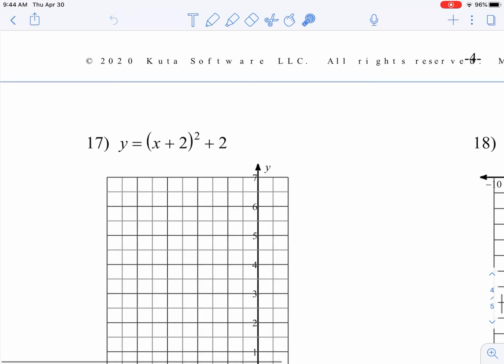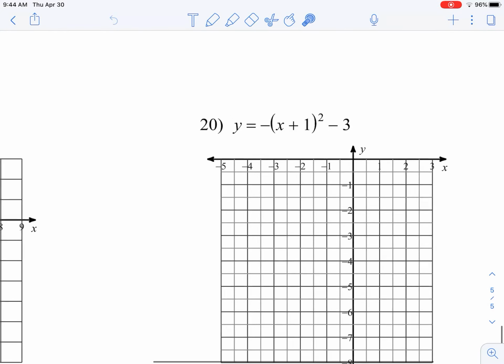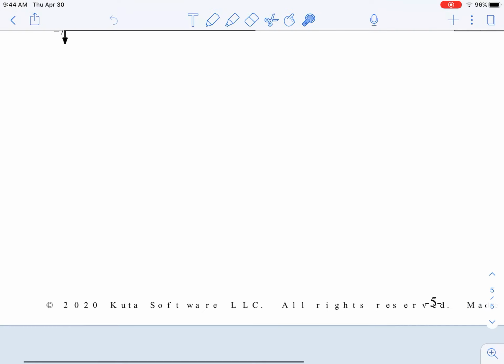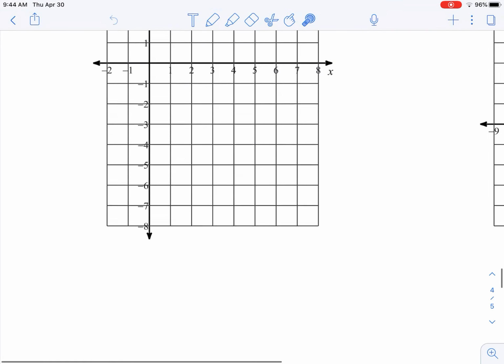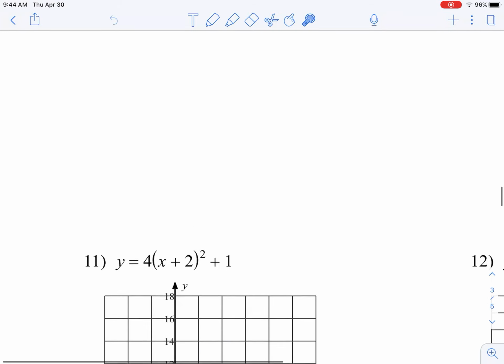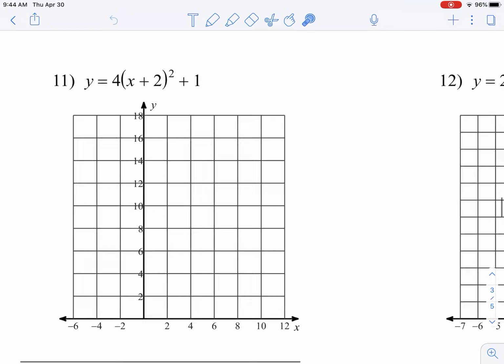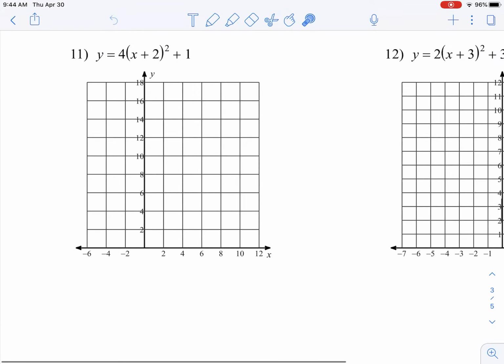Anytime that I do not have a stretch, if I only have a flip or nothing at all, then I will move my parent points. But if I have a stretch, it seems to work out best to use a table with a stretch and moving the points with a flip.